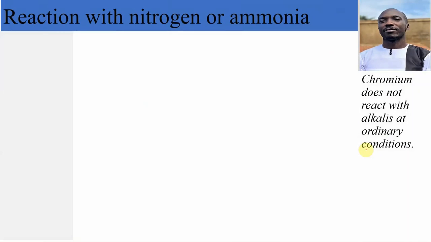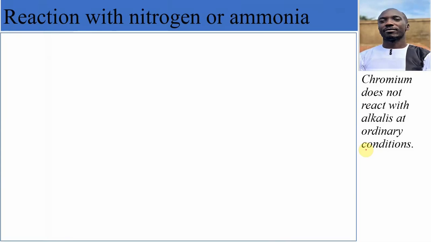Then we look at reaction with nitrogen or ammonia. It reacts with ammonia or nitrogen to form nitrides. In other words, it is capable of reacting with the inactive or the inert nitrogen, just like what magnesium does, or aluminium.